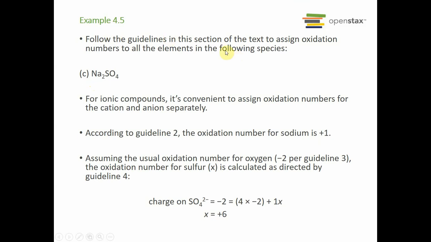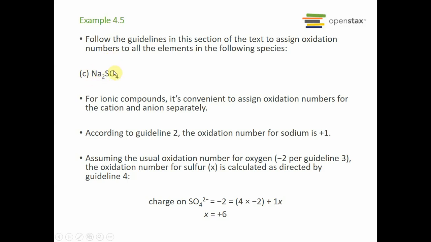Following the guidelines, assign oxidation numbers to all the elements in the following species. Na2SO4. You know that sodium forms a monoatomic ion, and that will be a +1 ion, and so you know its oxidation number is +1. Each of the 2 sodiums has an oxidation number of +1.